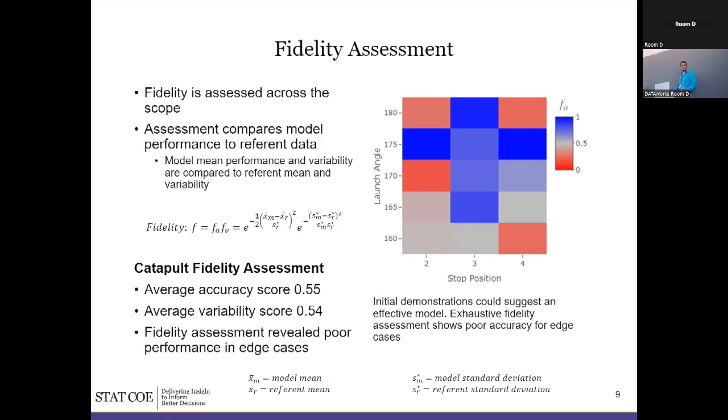And so to do this calculation, we directly compare our model output to our body of knowledge system performance. And we have our equation up here. Now this includes both an accuracy component and a variability component. And that's a crucial piece here to state that it includes both.